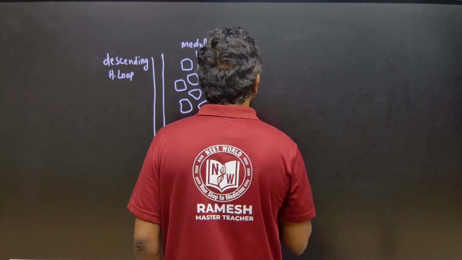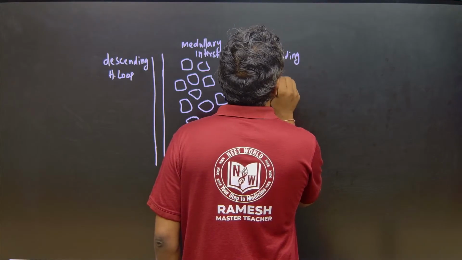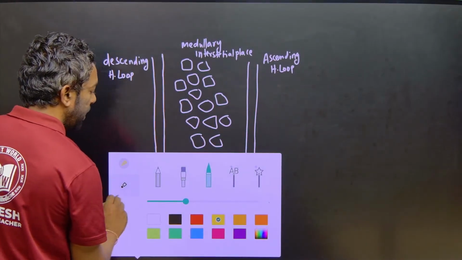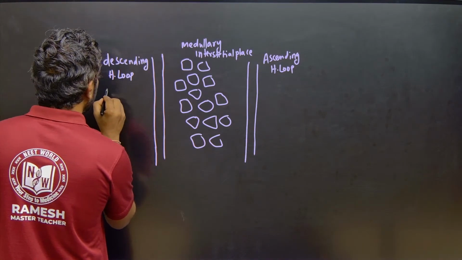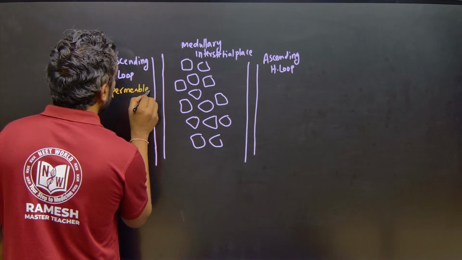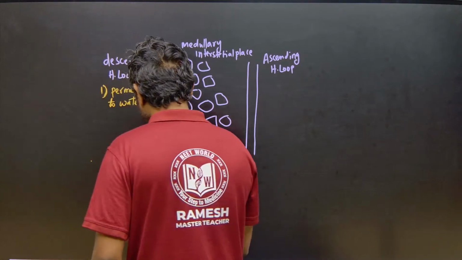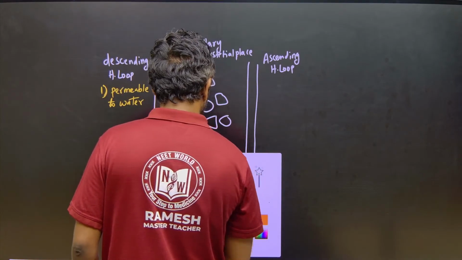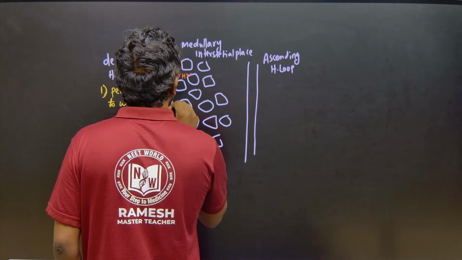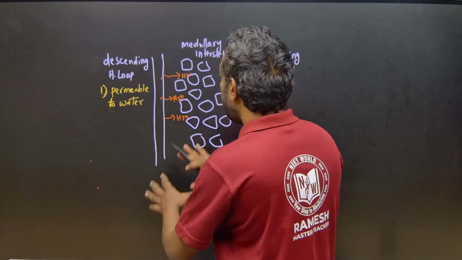This is the ascending Henle limb. Okay. So the descending Henle limb is permeable to water, meaning they can lose the water into the medullary interstitial fluid.